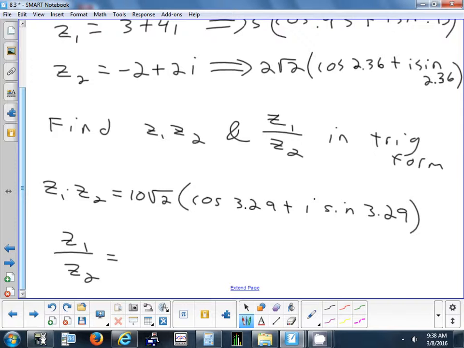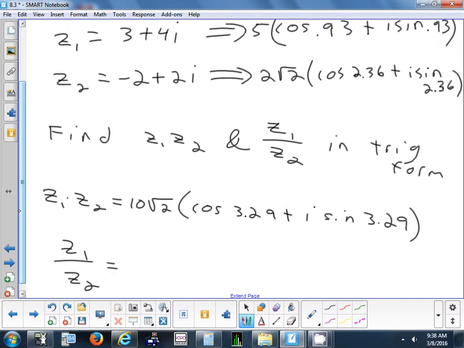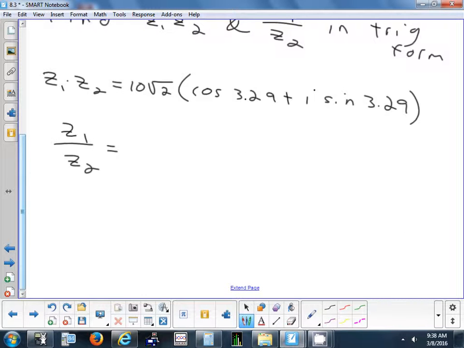And let's look at z1 divided by z2. How am I going to find my radius for this one? What am I going to divide? 5 divided by 2 square root 2. Yep, 5 over 2 root 2. So I'm going to do that down below because I wouldn't want to leave that as my answer. What's wrong with that?